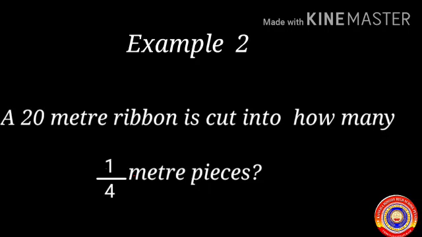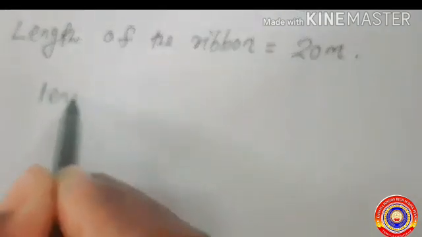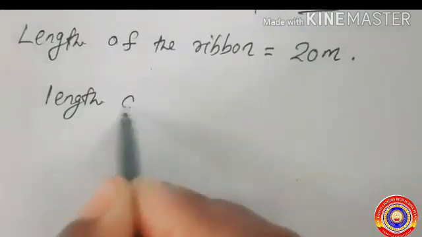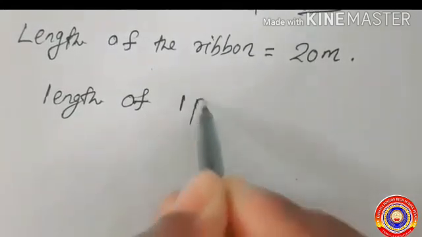A 20-meter ribbon is cut into how many 1 by 4 meter pieces? In this question, we have to find out the number of pieces of ribbon. Here, length of the ribbon equal to 20 meters. Length of one piece equal to 1 by 4 meter.